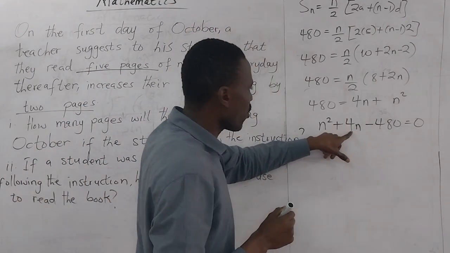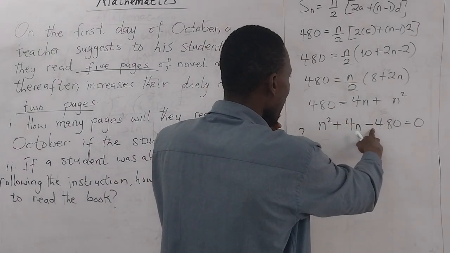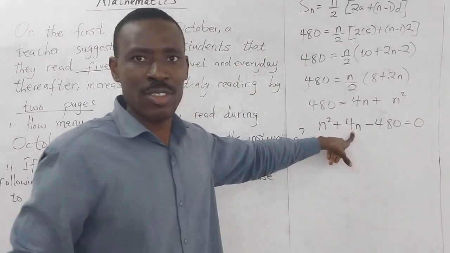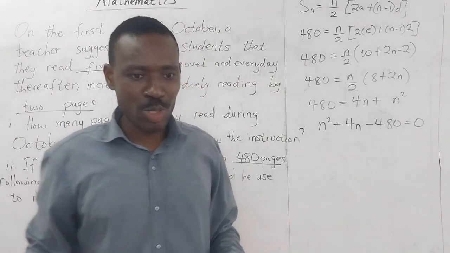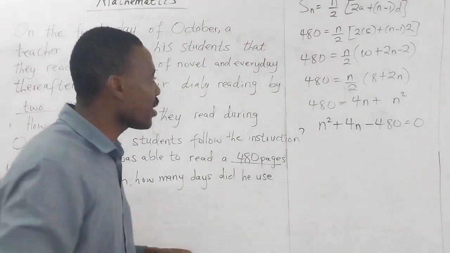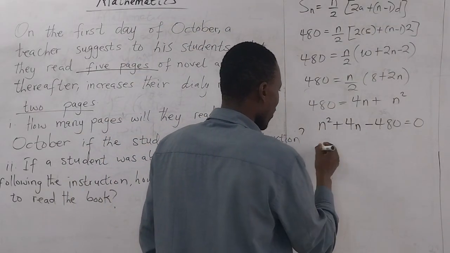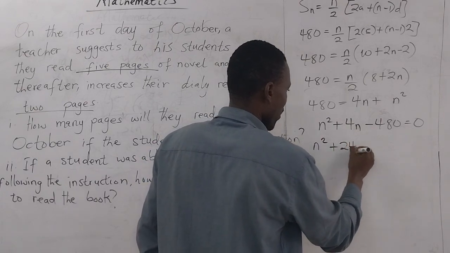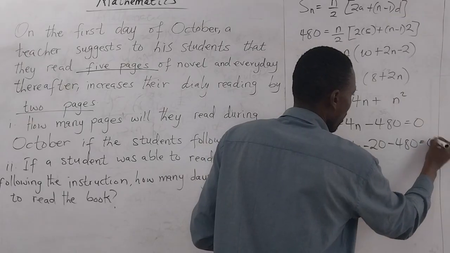So let's look for 2 numbers such that when we multiply, we get negative 480, but when we add, we get 4. You can think about those 2 numbers. Okay, so we'll be using 20 and 24. And because this is a positive number, you ensure that you bring the greater number first. So that will be n squared plus 24n minus 20n minus 480 equals 0.